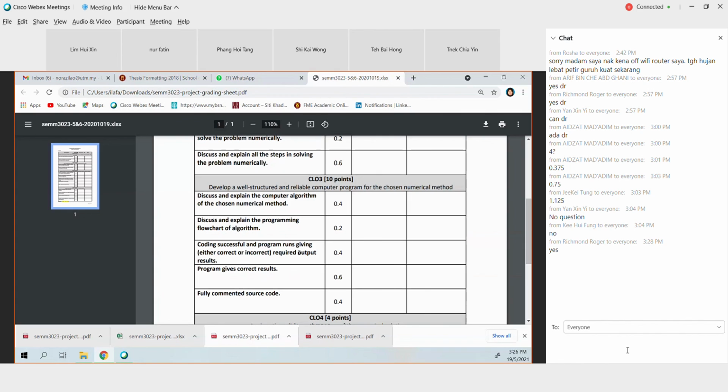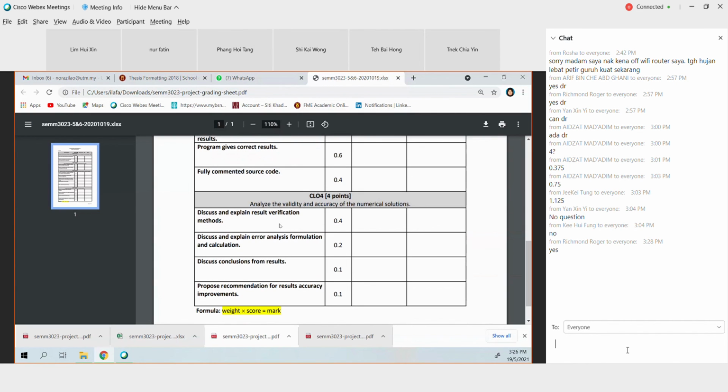When you obtain your output, please discuss it. What happened to your output? How about the error? How about the error comparison with the analytical and other methods? Anything you can discuss, and then fully comment on your source code in detail.